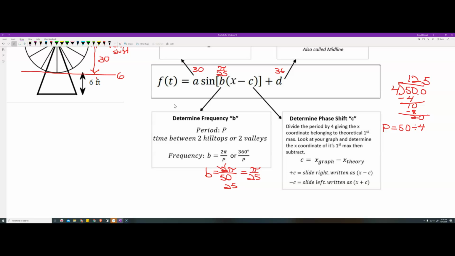So what that means is, on our theoretical sine graph, at 12 and a half, there should be the first max.